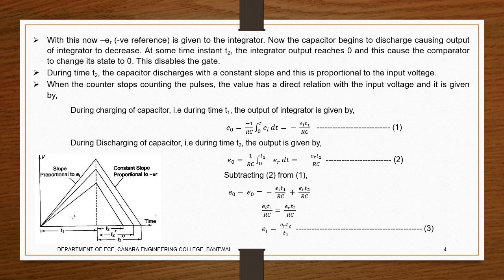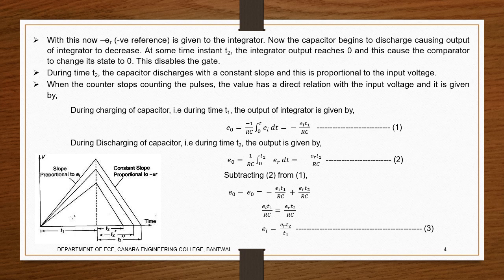So T1 is with respect to EI, and minus ER is with respect to T2. This is what we need to remember. These are key points here. You need to remember the block diagram in such a way, the processes, how it works: what it is doing in the first step, what it is doing in the next step. So remember it in that way.